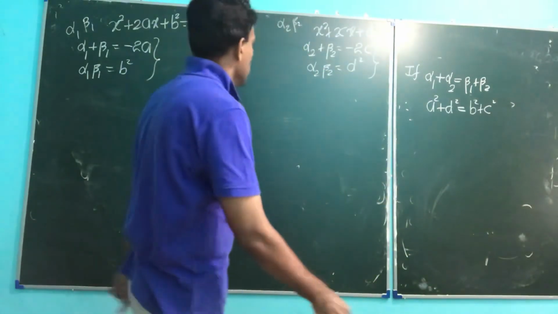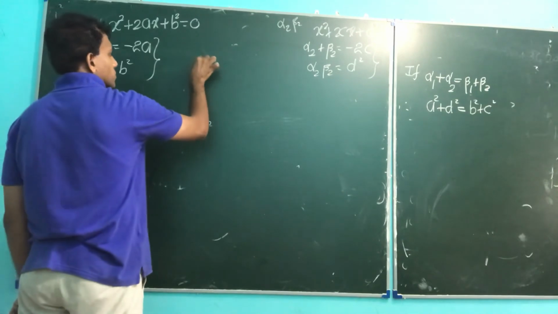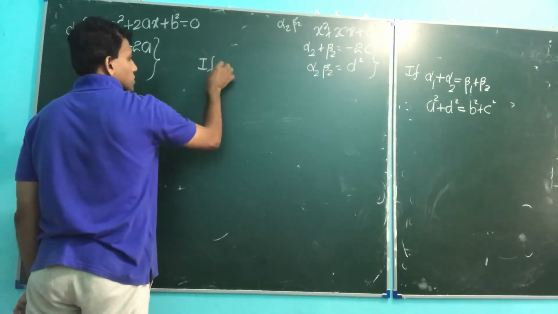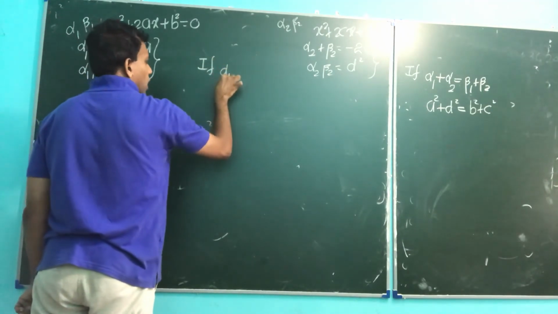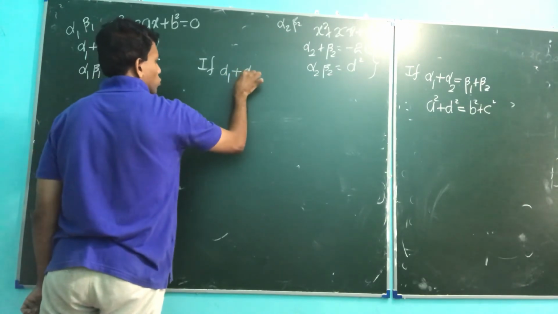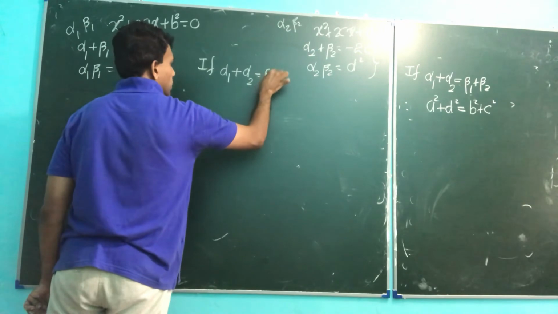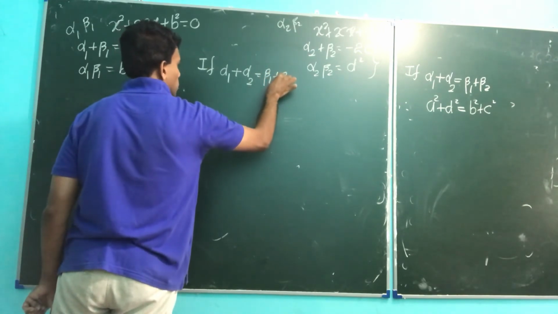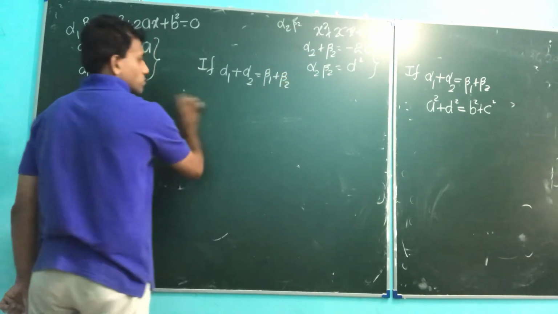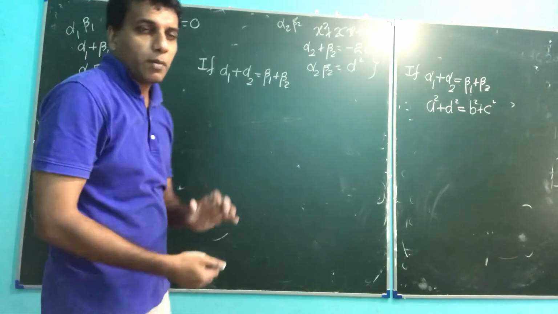See the method, if alpha 1 plus alpha 2 equals beta 1 plus beta 2. So remember this, what do we need?